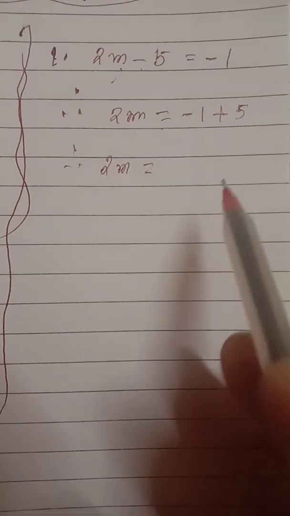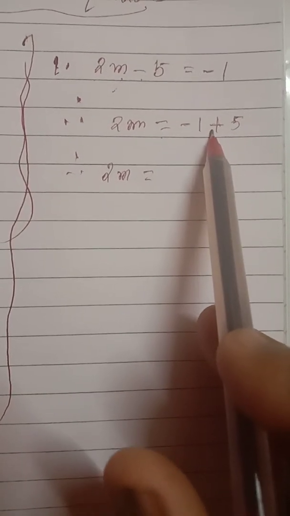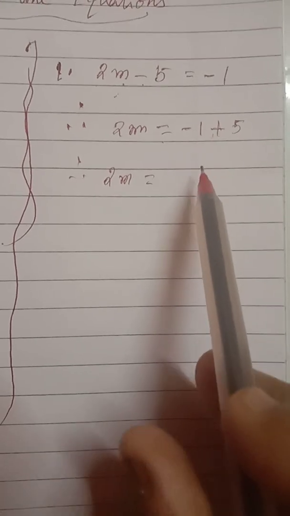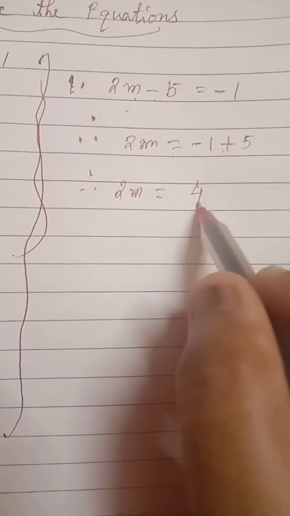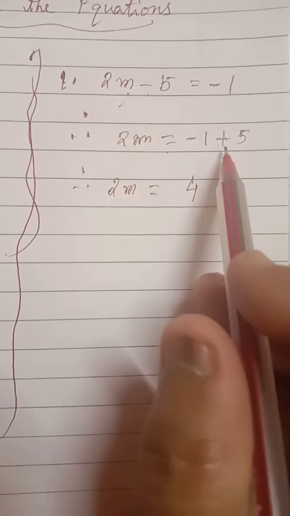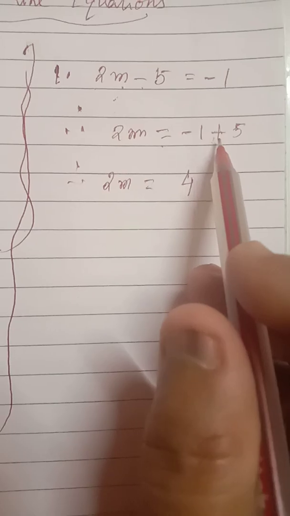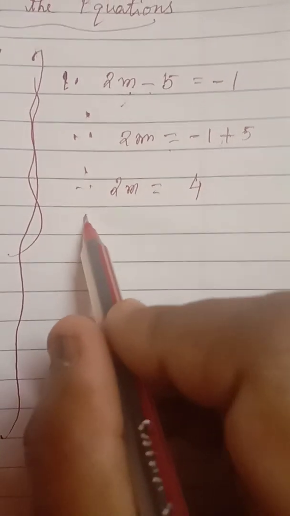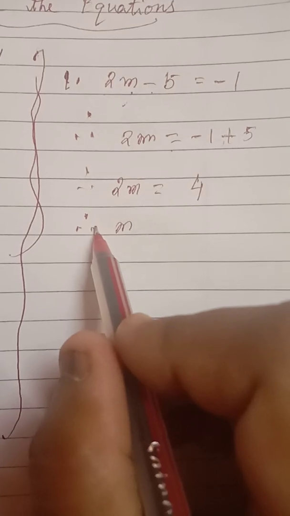Next line, 2m equal to, according to our algebraic rules, plus and minus, we always do the minus. So 5 minus 1 is 4, and for the sign, it is always the sign of the bigger number. Here 5 is the bigger number, so the sign is plus 4. Now what is the value of m? This sign is called the sign of therefore.